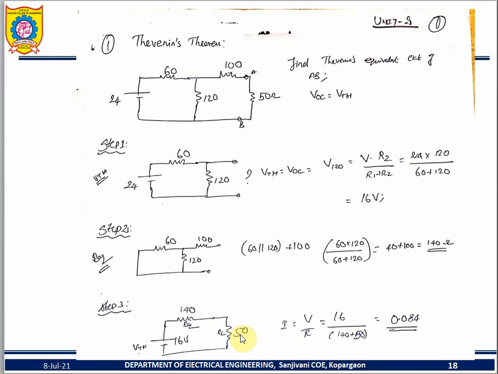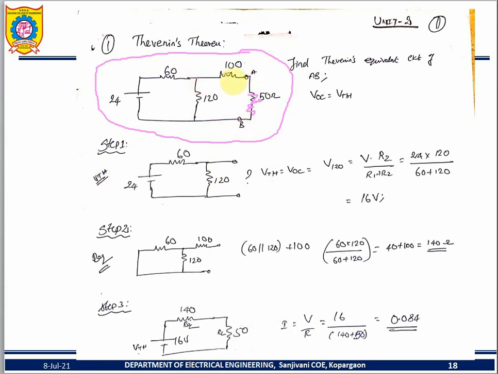So look at this, the given circuit. Step number 1, what to do? Step number 1 is called open circuit voltage. Where is the load point? Between A and B the load is there, so remove it. If it is removed, the circuit is like this.